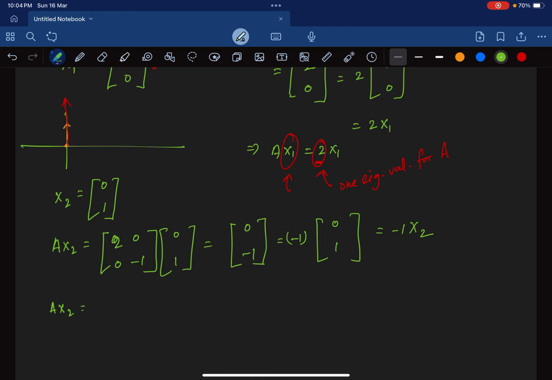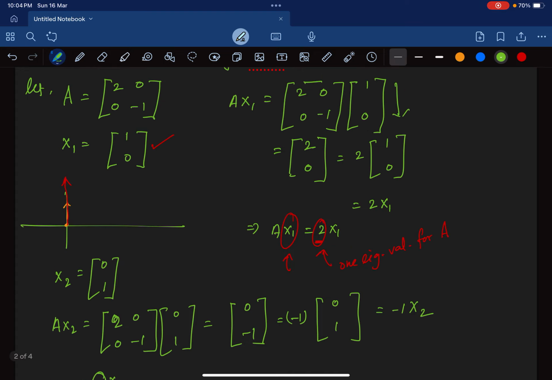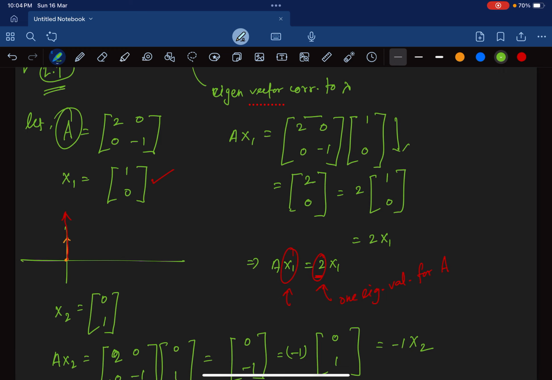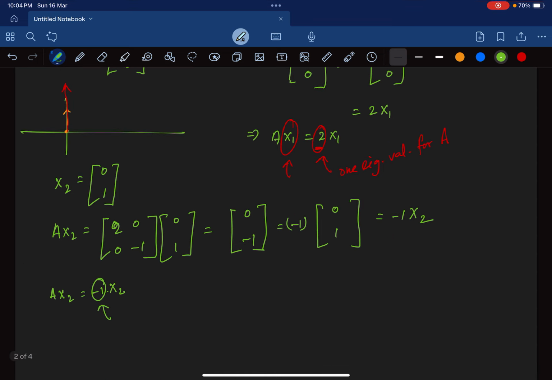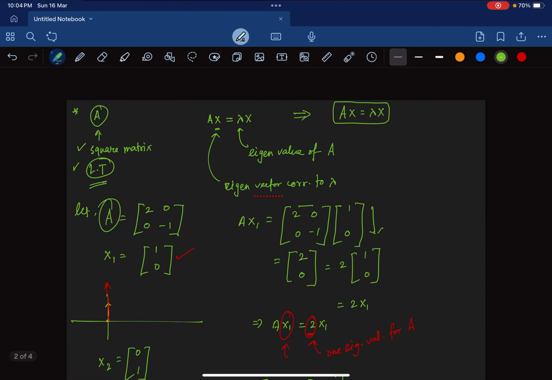So immediately Ax2 equals minus 1 times x2. So this minus 1 is another eigenvalue for this given matrix A. I think you got the idea of how we can determine an eigenvalue and its corresponding eigenvector.